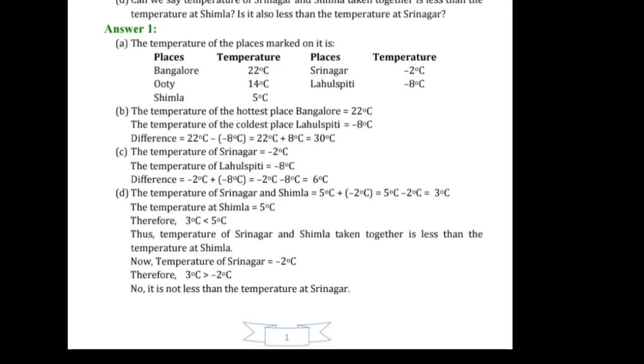Therefore 3 degrees Celsius is not less than minus 2 degrees Celsius. So the answer is no, it is not less than the temperature at Srinagar. The temperature is not lower than Srinagar's, but is higher. Okay students.